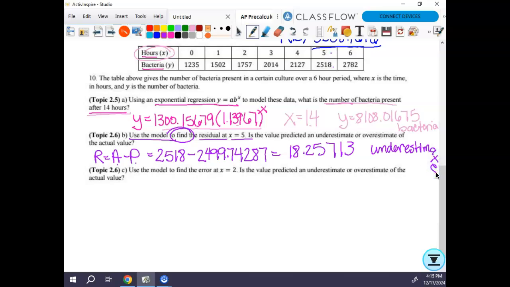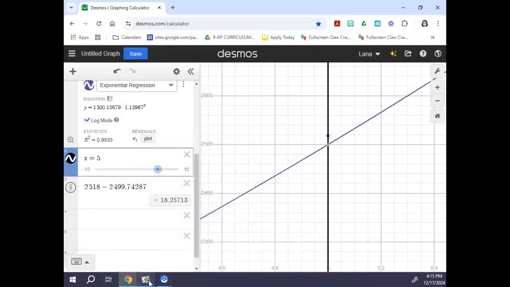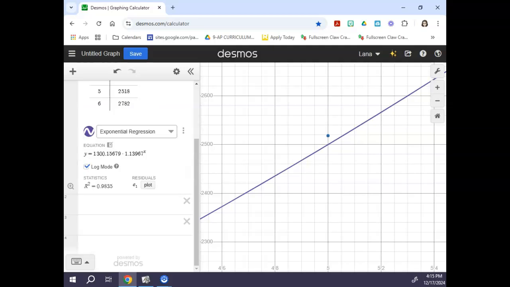There we go. Then it says use the model to find the error at x equals 2. So error is the other way around. It is predicted minus actual. It's RAP and EPA, right? And so my predicted at 2, got to go find that, so I'm going to X those out.